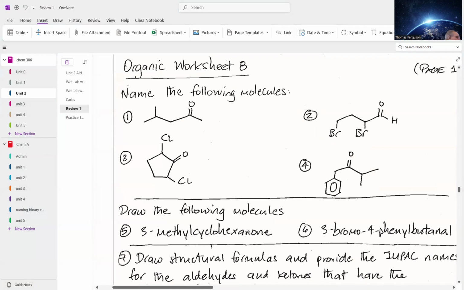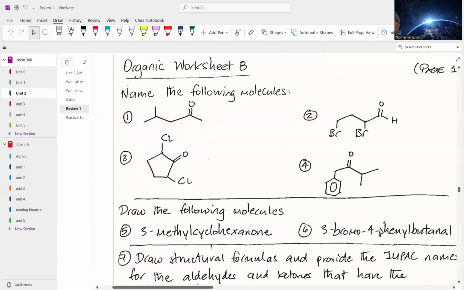So, like all tests, you're going to have naming structures, you're going to have reactions, and you're going to have intermolecular forces. Intermolecular forces is always the minor part. And reactions are the ones you need to really focus on. They're the ones that give students the most trouble. All right, so let's go ahead and go through these.